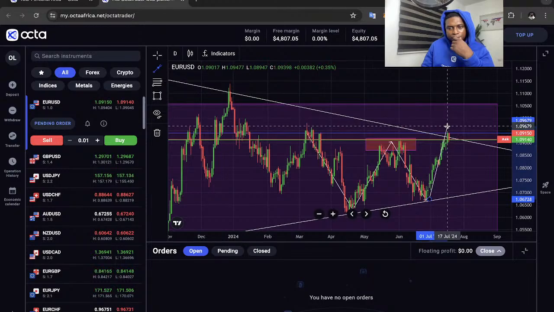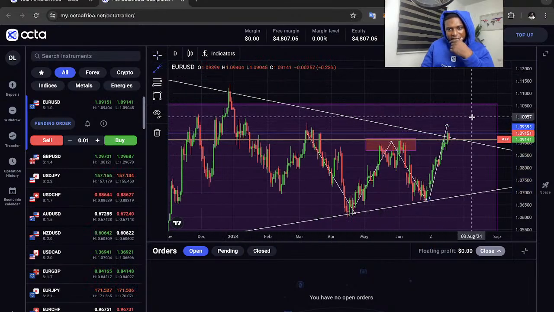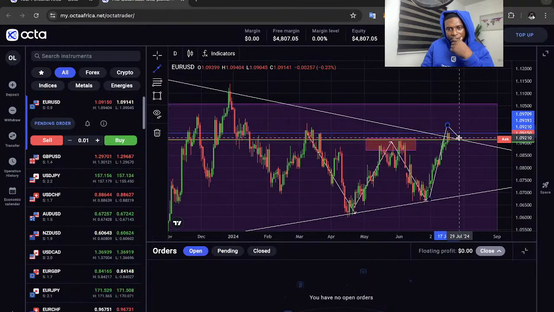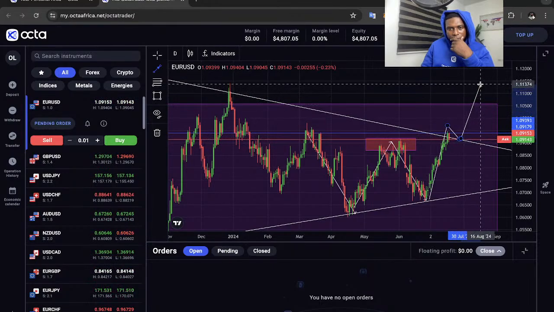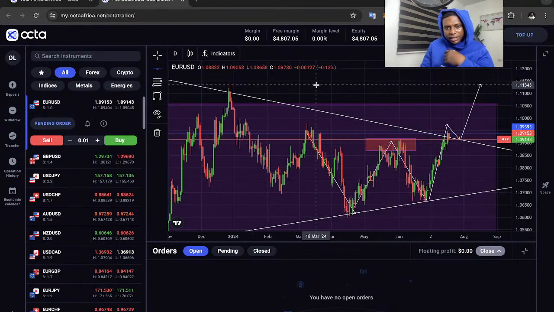You see it push up here. Now we can see the little retracement came in. Now where would our next target zone be? So our next target zone would be here.